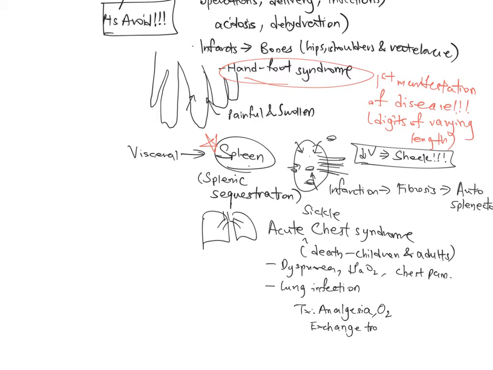What this is, you're removing small amounts of the patient's blood and replacing it with a healthy donor's blood, and that will remove the sickle cells and replace them with normal red blood cells, and that will help with this acute sickle chest syndrome.